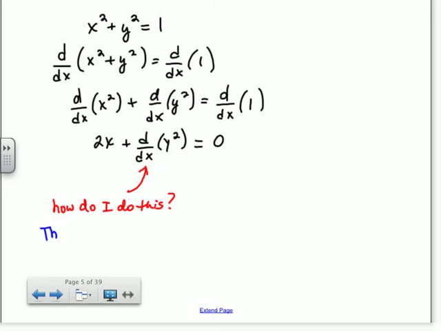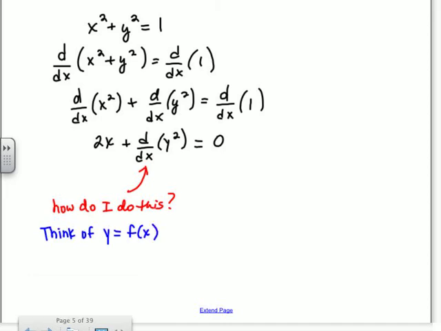Okay, so we're going to think of y as being some function of x. So you could solve for y and you'd have something with only x's in it. So if I wanted to take the derivative of y squared, it is going to be the derivative of whatever f of x is, squared.